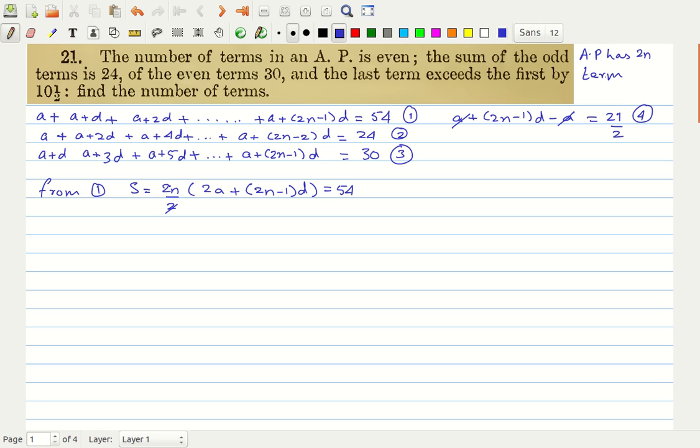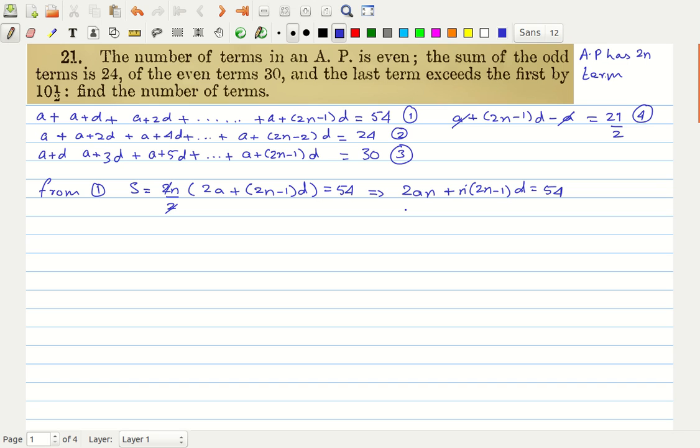And we get 2an plus n times (2n minus 1)d is equal to 54, right? Now (2n minus 1)d is equal to 21 by 2, correct?